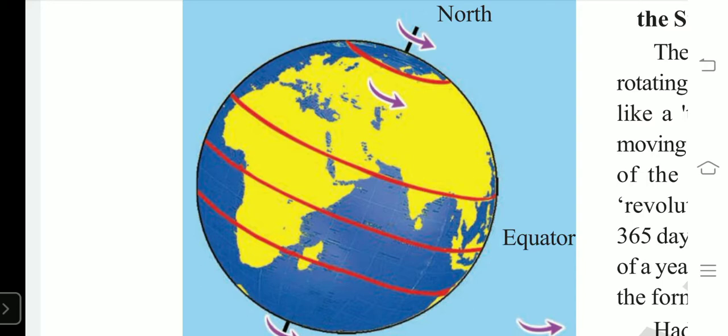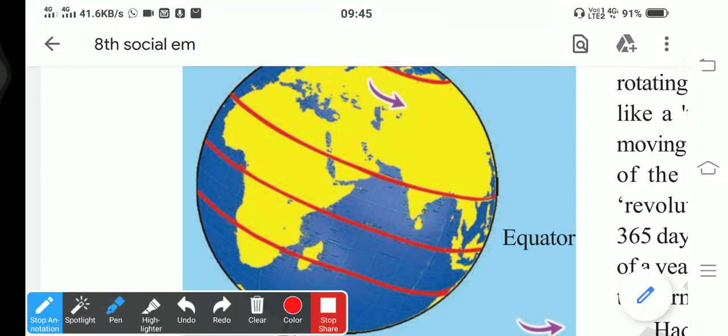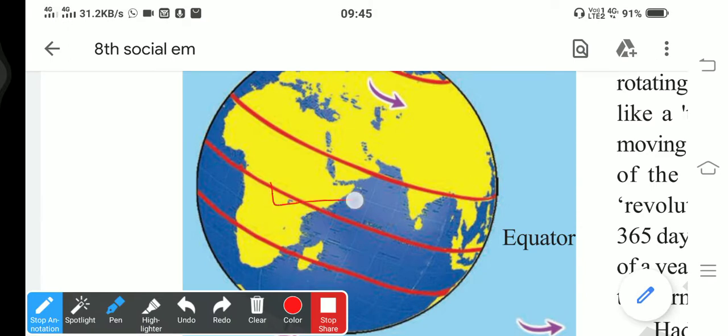Because look here, this is the equator. So on the equator, sun rays fall vertically, right? And moving to the tropic of Cancer, at this place, the tropic of Cancer, sun rays also fall vertically.